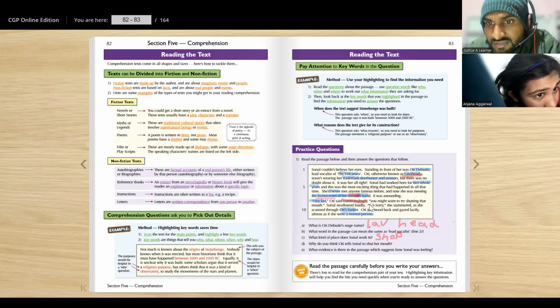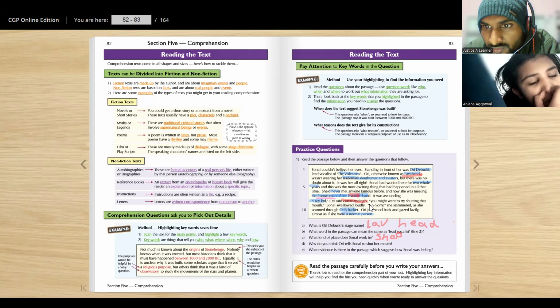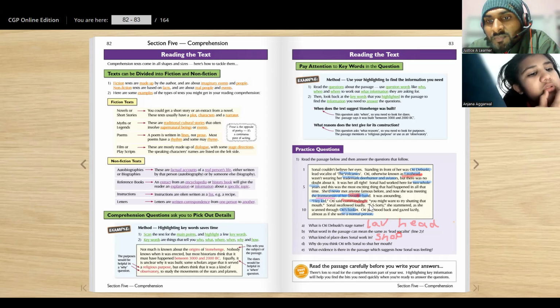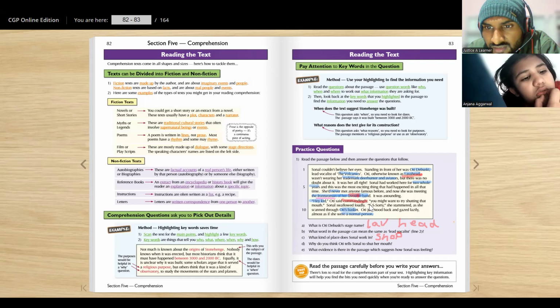Sonal swallowed. Standing in front of her was OT Dabaski, lead vocalist. Yep, great. So that was the reason, because she was quite famous and she had never met the famous vocalist.